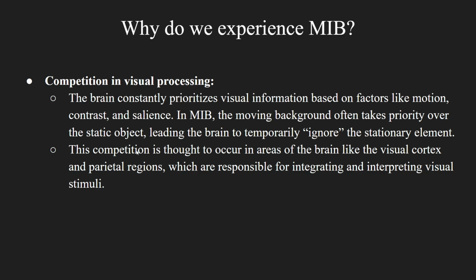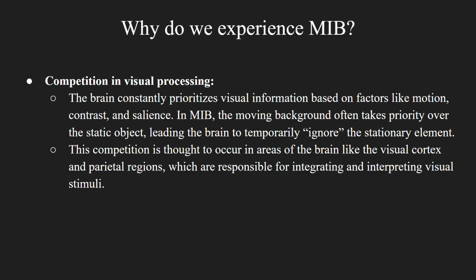Why do we experience this? So, competition in visual processing. The brain constantly prioritizes visual information based on factors like motion, contrast, and salience. In MIB, the moving background often takes priority over the static object, leading the brain to temporarily ignore the stationary element.